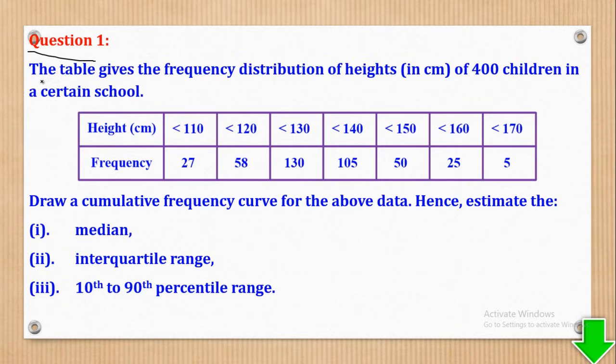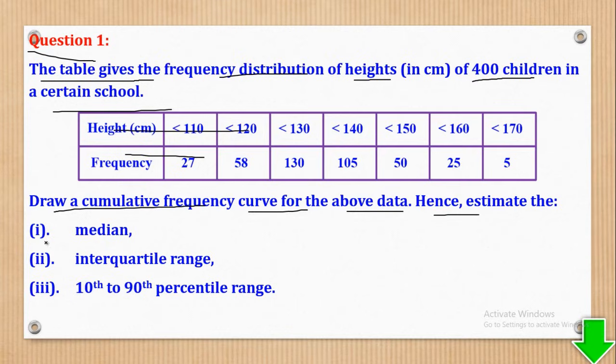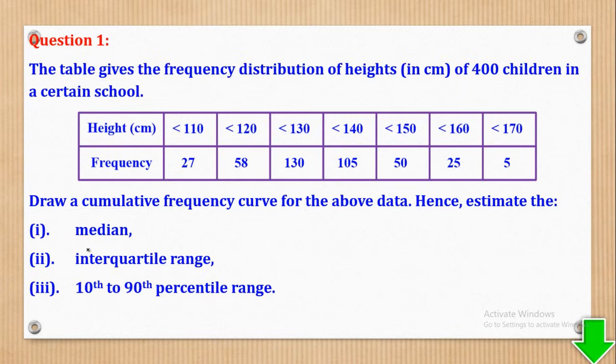Question 1 says the table gives the frequency distribution of heights of 400 children in a certain school. These are the heights and these are the frequencies. Draw a cumulative frequency curve for the above data and hence estimate the median, interquartile range, and the 10th to 90th percentile range.